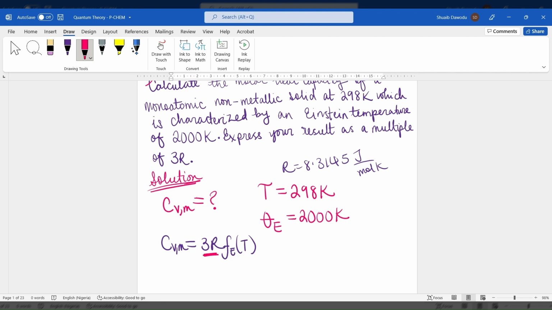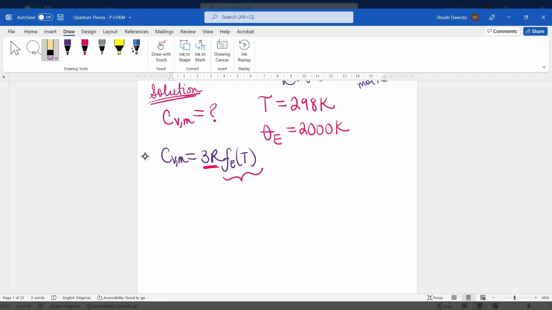We're just going to leave it, solve for f_E(T), and attach it to 3R as the molar heat capacity.